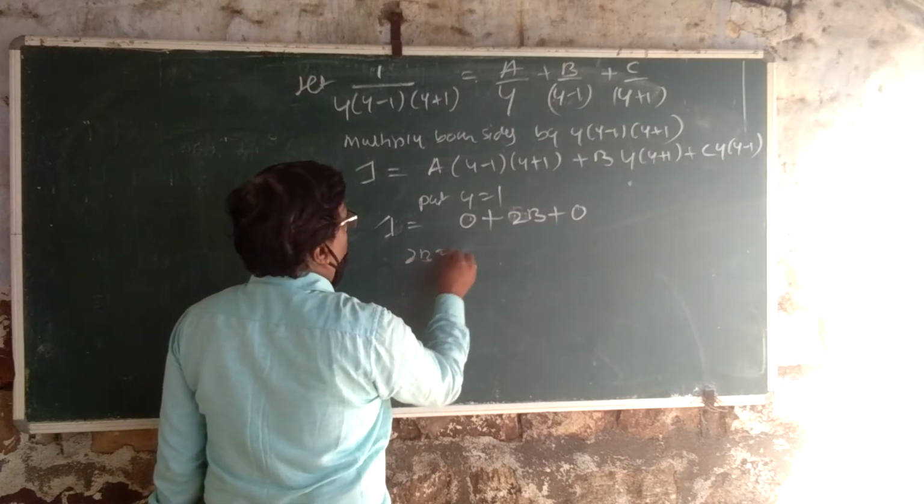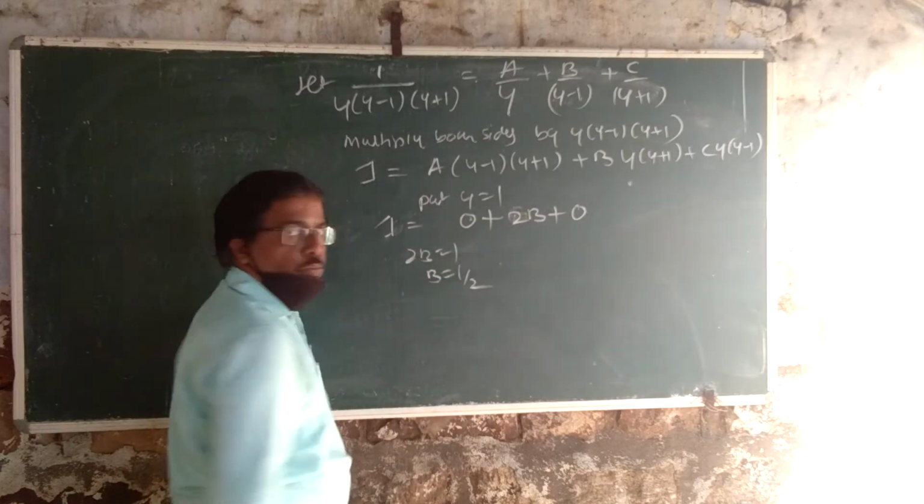So 2b is equal to 1, b is equal to 1 by 2.